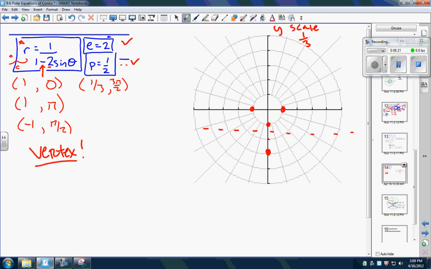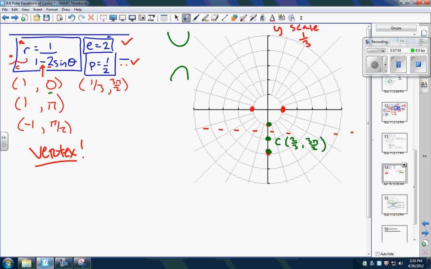Okay, now our center has to be exactly halfway between this guy and this guy. So there's our center. So this is at 2/3, 3 pi over 2. All right. It is a hyperbola, so it's got to open going up in the y and coming down in the y through our vertices here.